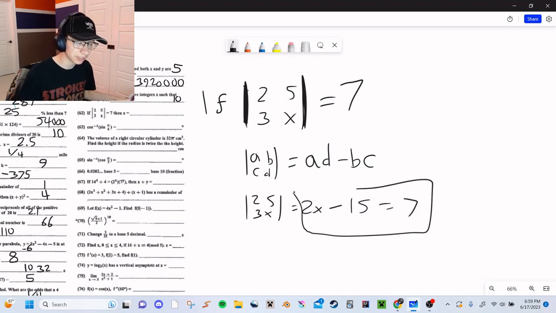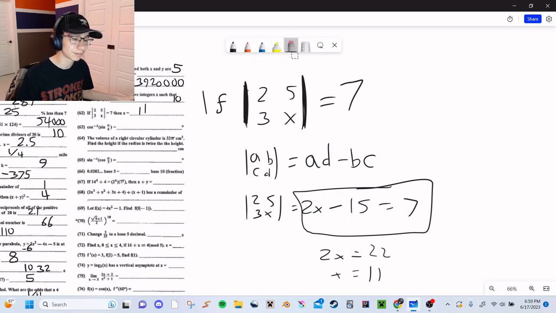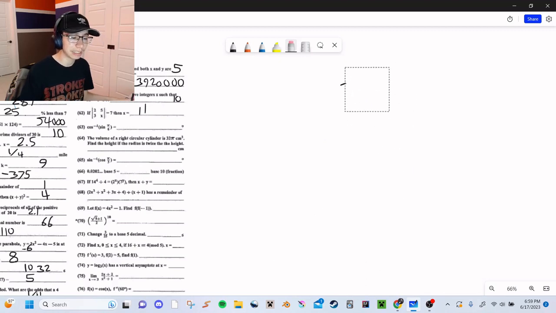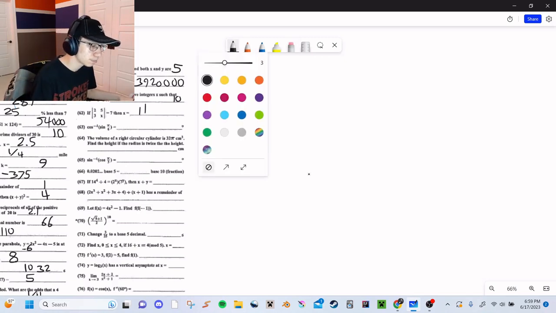So we're just solving this little algebra equation. So 2x equals 22, x equals 11. 11 is our answer. See, now you know how to find the determinant of a 2 by 2 matrix. You can use it to work backwards, solve for one of the elements.